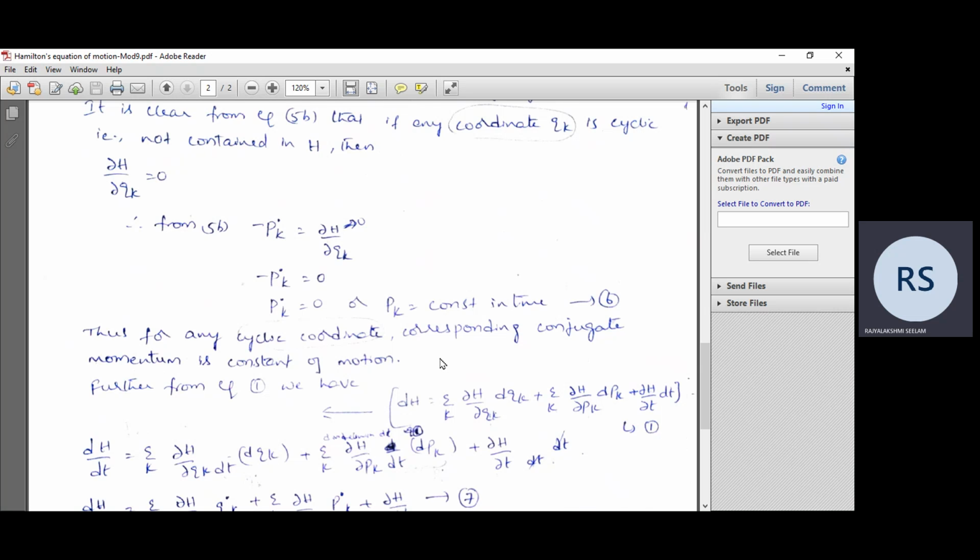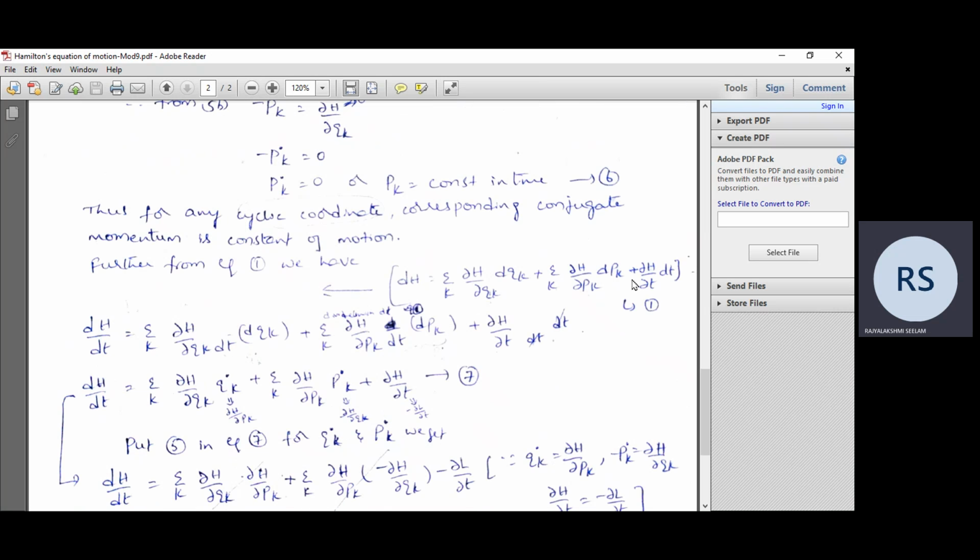So further, from equation number 1, which we already have, if we divide this equation by dt, we will obtain dH by dt equals sigma k dou H by dou qk into dqk by dt, plus sigma k dou H by dou pk into dpk by dt, plus dou H by dou t.